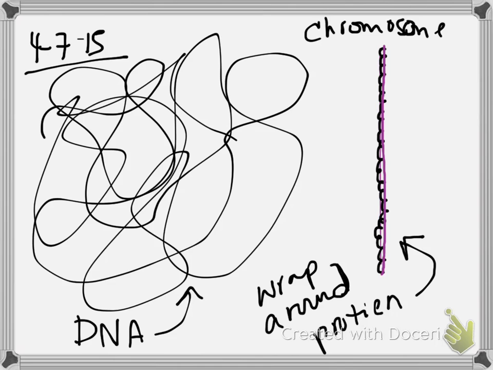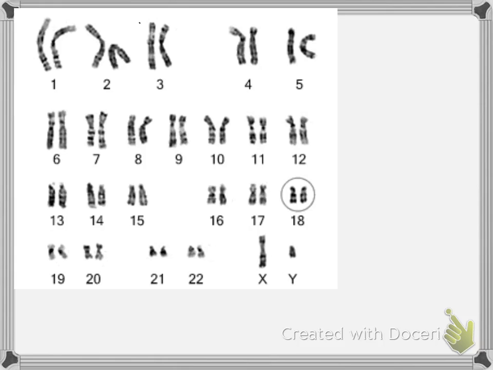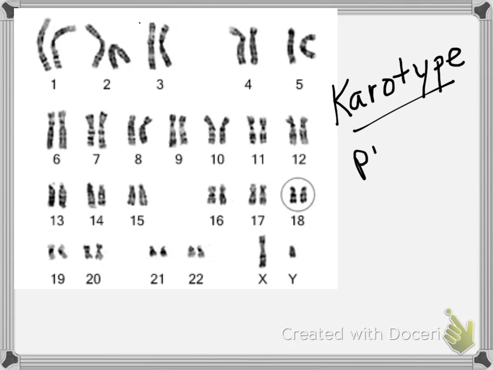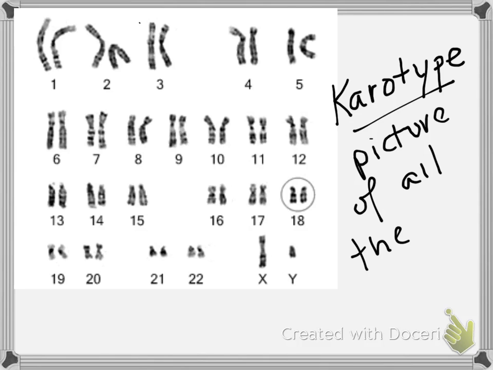Okay, so we've got chromosomes, yes? This is an actual picture of somebody's chromosomes. It's called a karyotype. I don't know why they don't call it a chromosome type. It's beyond me. But a karyotype is an actual picture, an image of all the chromosomes.